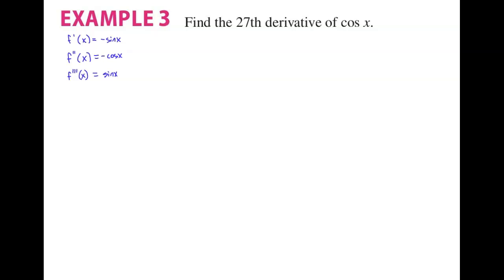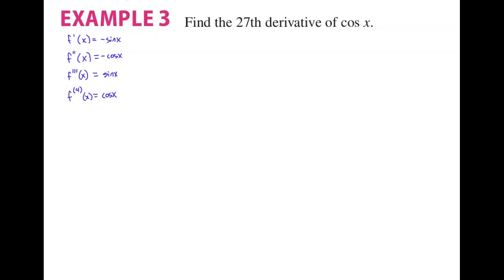And then after 3, we kind of get rid of prime notation and just put the number in parentheses. So the fourth derivative is then we're back to cosine, right? So we're back to start there. So you can kind of figure this out by going, okay, so every 4 derivatives, I'll just be back to the original function, right?